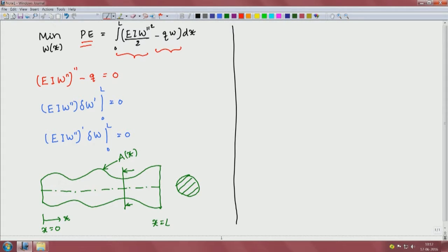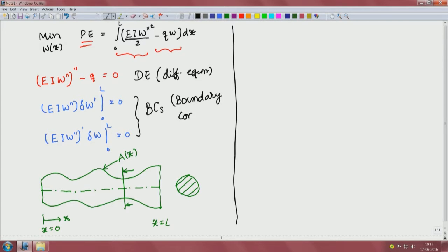Now, when we take this potential energy, take the first variation, equate it to 0 and do the integration by parts, we get the differential equation. So, this is the differential equation, we write DE for it, and we also have the boundary conditions, which we write as BCs.